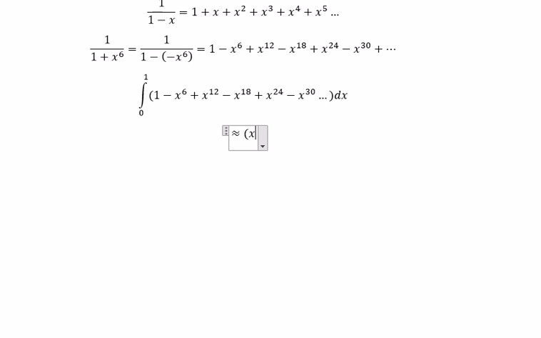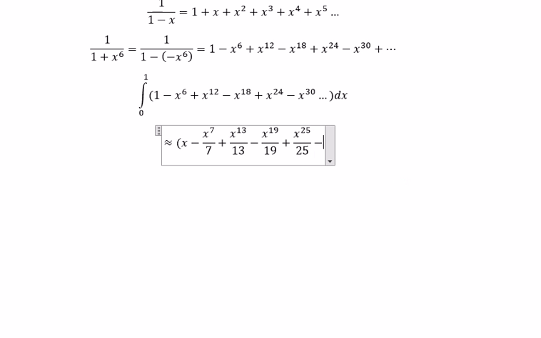We get x minus x to the power of 7 over 7, then 13, 19, 25, and the last one.